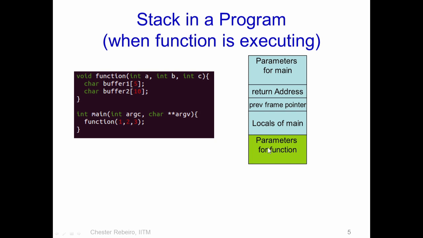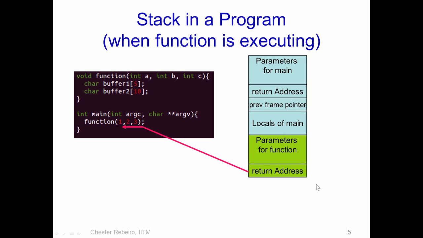Then the return address is pushed onto the stack. This return address will point to the instruction that follows this function invocation. As we know, in order to invoke a function in an x86 based processor, the instruction that is used is the call. So, the return address will point to the next instruction following the call.